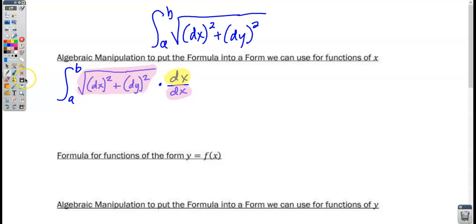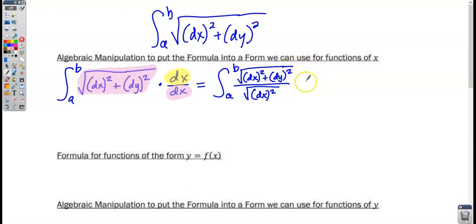This is equal to the integral from a to b of, and dx is equal to the square root of dx squared, so I can bring that over here with the formula that we have for the length. And now I have a dx, which is something that I can integrate with respect to x. Still need to do a little bit more work here.